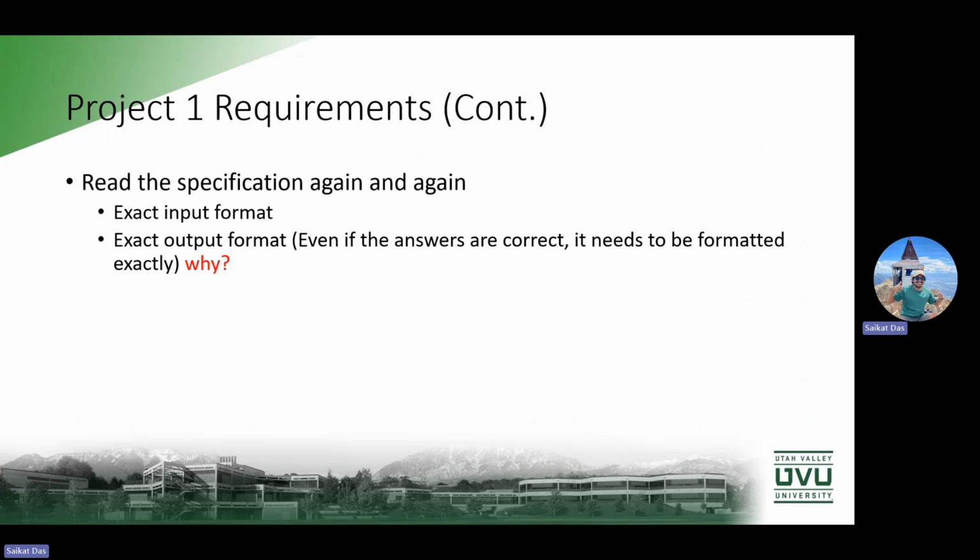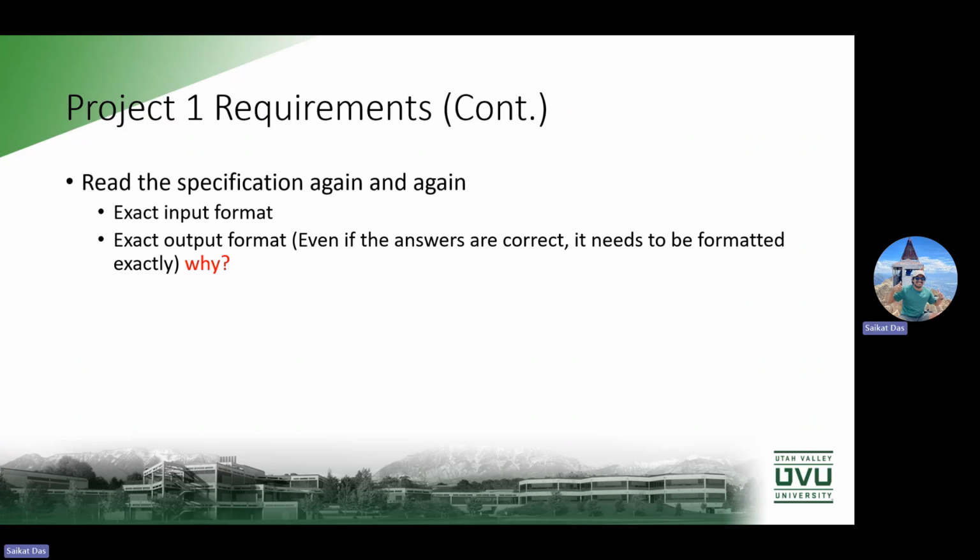If it is 1 decimal point, then you need to write the 2 decimal places. Like 159 and 159.00 are the same, but I told you to write up to 2 decimal points. That means I'm expecting this one. You need to write it this way, 159.00, not 159. Does that make sense?